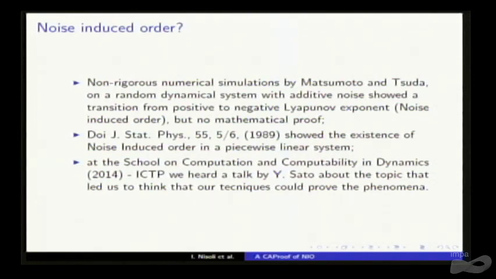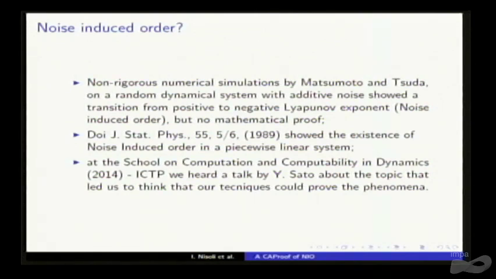They showed this transition from positive Lyapunov exponent to negative Lyapunov exponent, but this is not a mathematical proof, because the simulated map may have nothing to do with the real dynamical system, and this transition could be a numerical artifact.